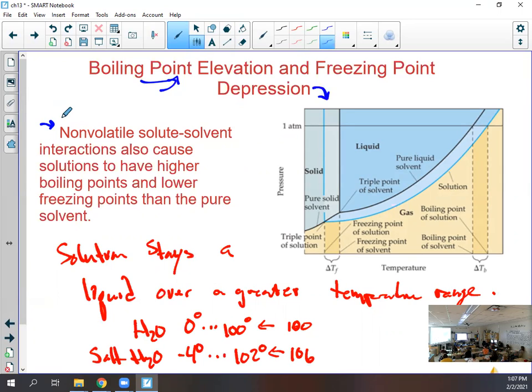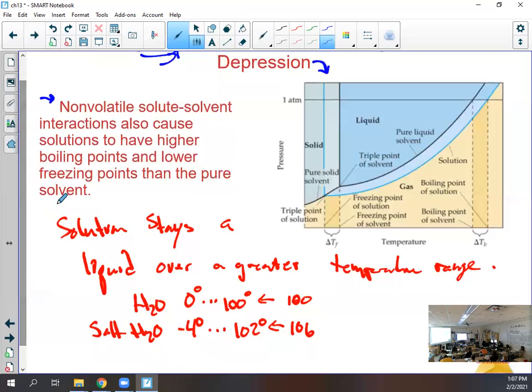So we're not really talking about that. We're talking about putting an ionic salt in. Another way to say this is the following. The solution stays a liquid over a greater temperature range than the solvent because it boils higher and it freezes lower.